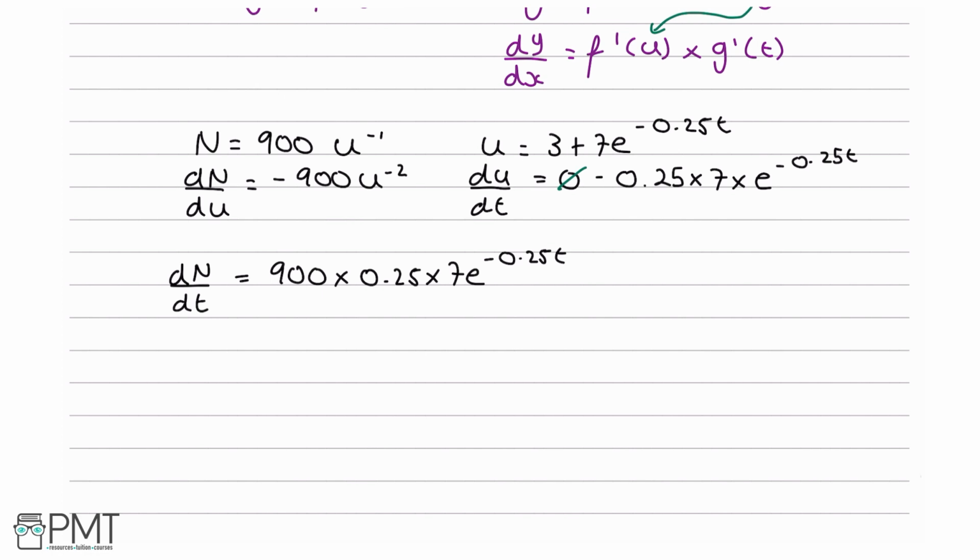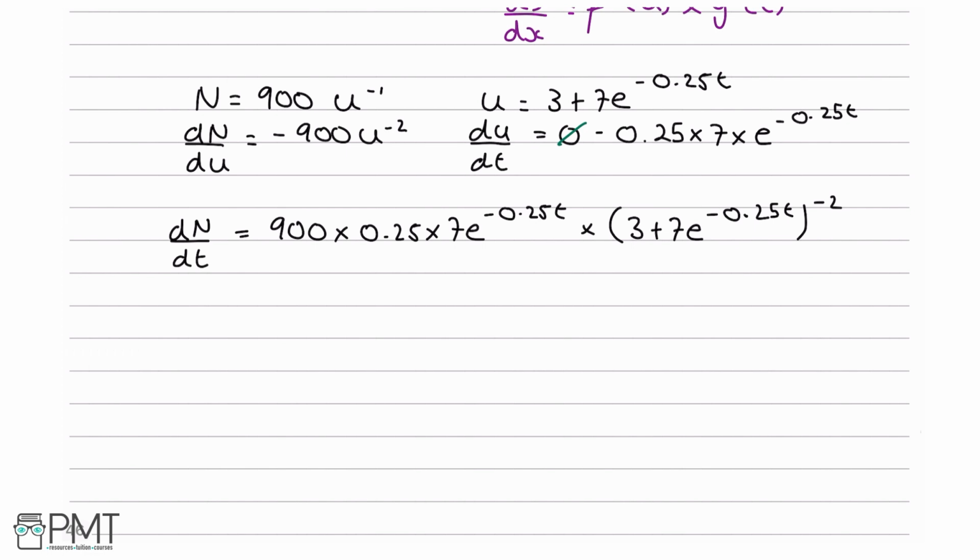But we know that u is 3 plus 7e to the minus 0.25t, so this is times 3 plus 7e to the minus 0.25t, all to the power of minus 2.